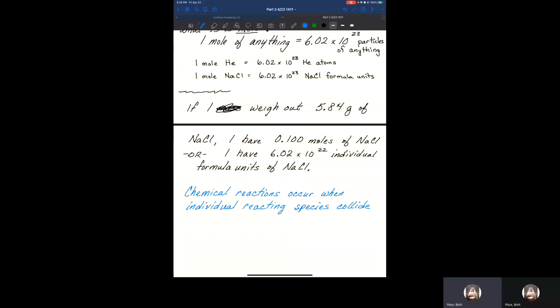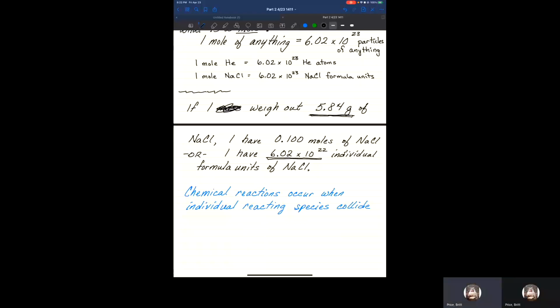The mole lets me think about what I can do in the laboratory, and it relates it down to how many individual pieces or parts I have. And writing out exponents, 6.02 times 10 to the 22nd power, is not a lot of fun. Putting down a 602 followed by 21 zeros is not fun.